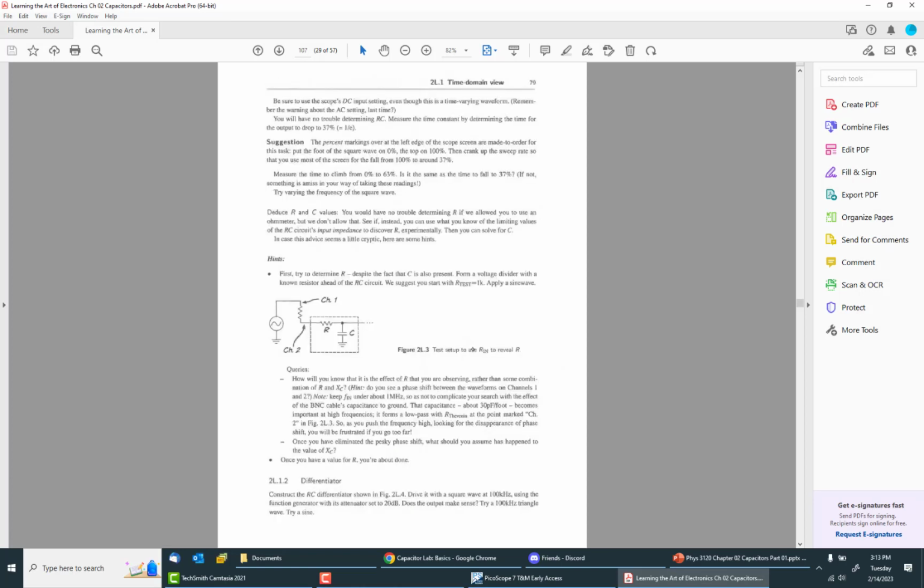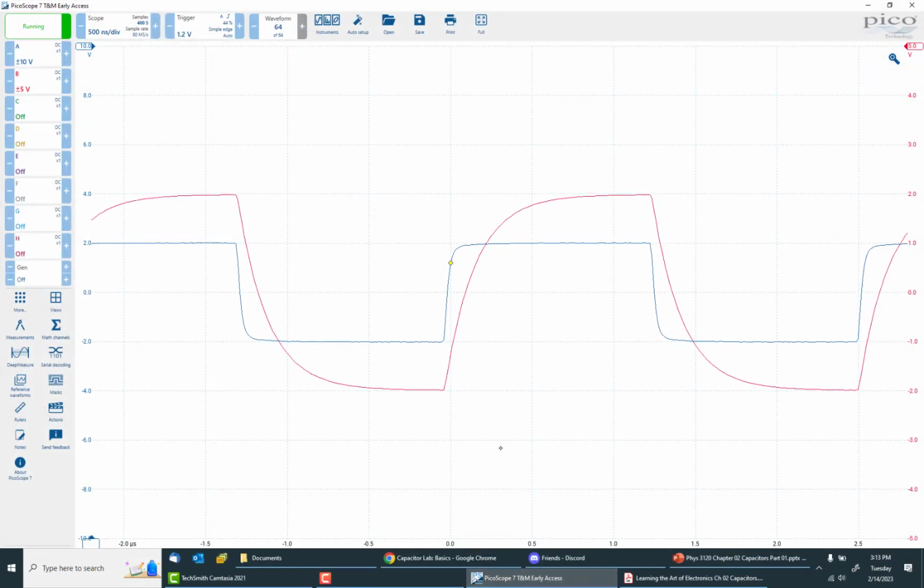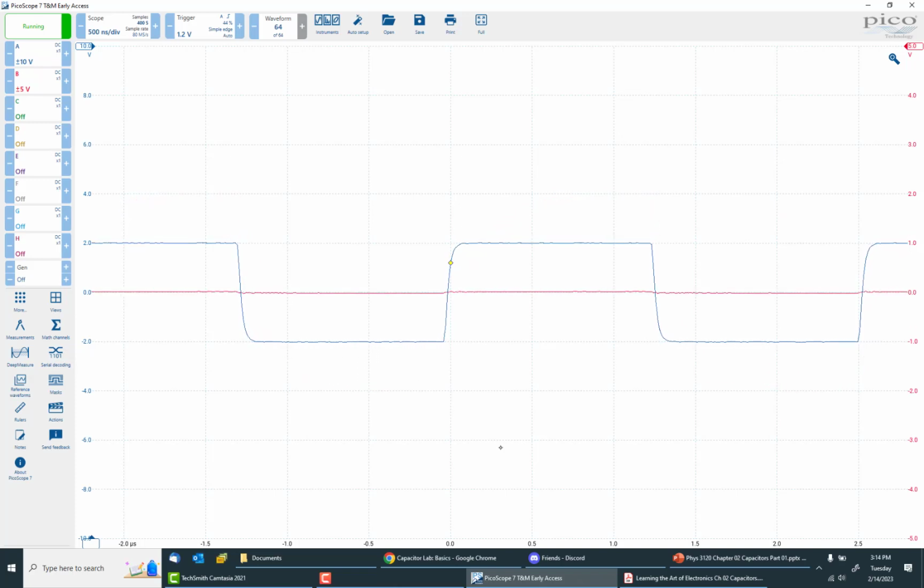Then we want to try and measure the output impedance. Oh, and just to finish the story here, if I now switch and measure the voltage across the resistor, then I'll be able to see the current.